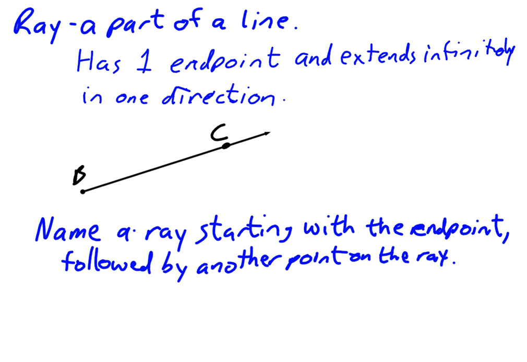In our example here, our endpoint is this point B, and then the second point would be our point C. So we name this ray starting with the endpoint and then following our ray out till it crosses another point. When we name that ray, we write a ray symbol above the two letters. So we would call this ray BC.